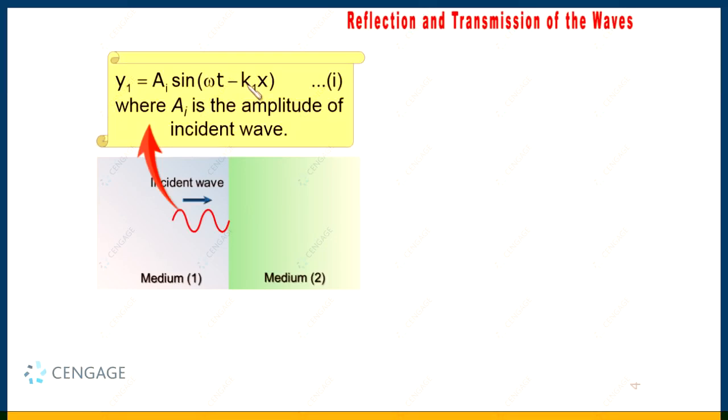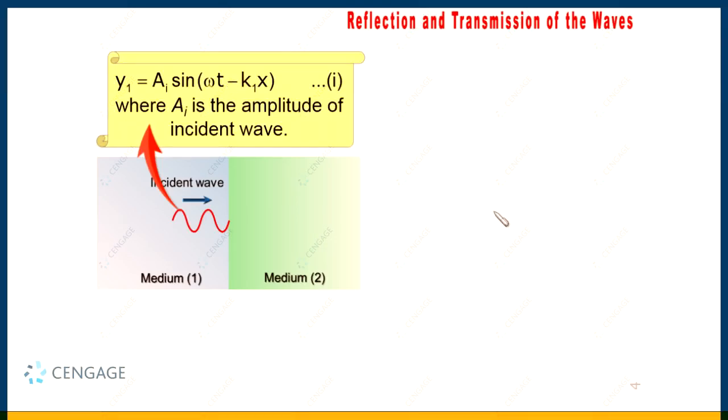The medium property is the sole factor of the wave velocity, that means wave velocity depends on the medium property. So in a particular medium, say medium 1, the value of k, the wave number, will be constant. Similarly, in medium 2 the value of k will be constant. The angular frequency will remain unchanged while the wave moves from medium 1 to medium 2, because frequency remains unchanged.